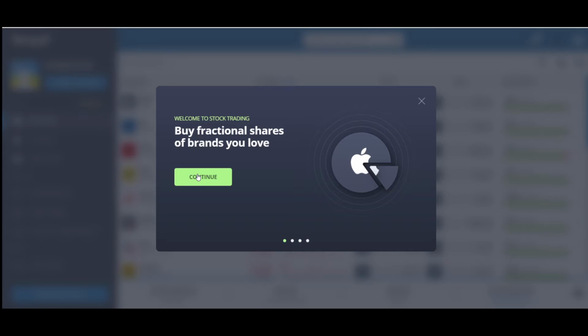After that it takes you to the page where you can start trading. And before, there is short information about stock trading, that you can buy fractional shares of brands you love. For example, if you don't have enough money for buying one stock of Apple, which costs about $360 now, you just can buy a fraction of this one share.